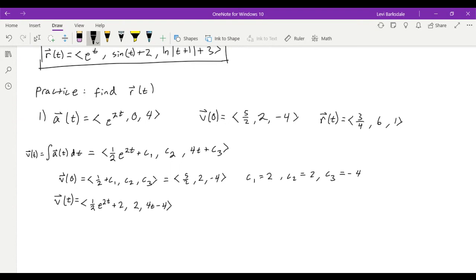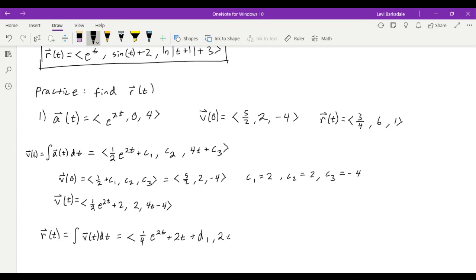Perfect. Now our position vector would then be the integral of the velocity vector. And if we integrate this velocity vector, we get 1/4 e to the 2t plus 2t plus a different constant. Once again, I'm tired of using c's, so we'll use d1.